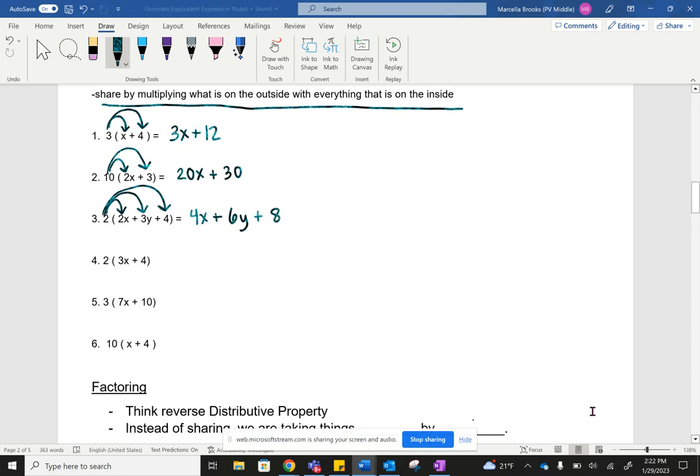I'm going to do one more, and then I'm going to let you guys do 4 and 5. So 10 times x is 10x. 10 times 4 is 40. Put the plus sign there. So I want you guys to do number 4 and number 5.